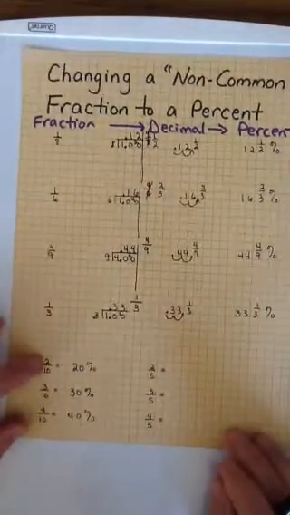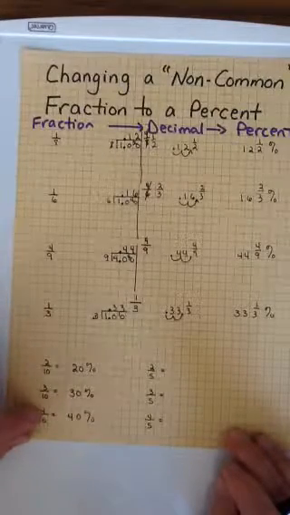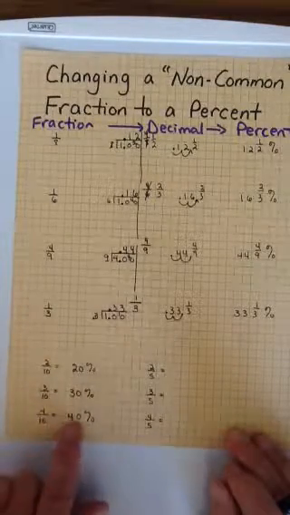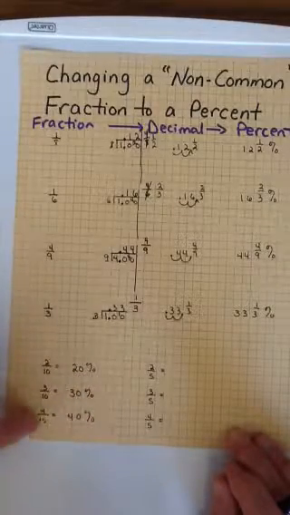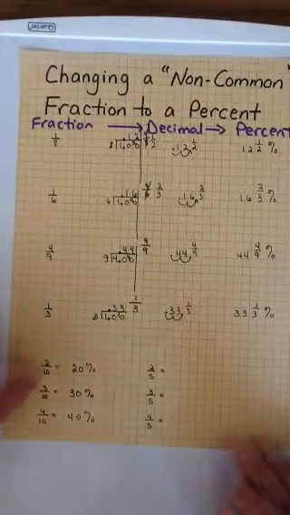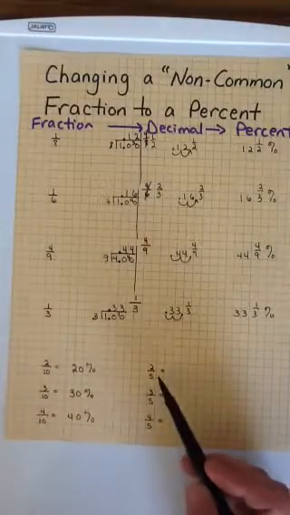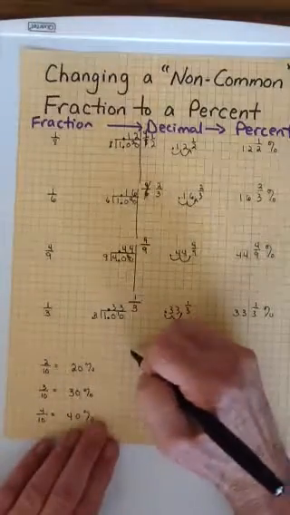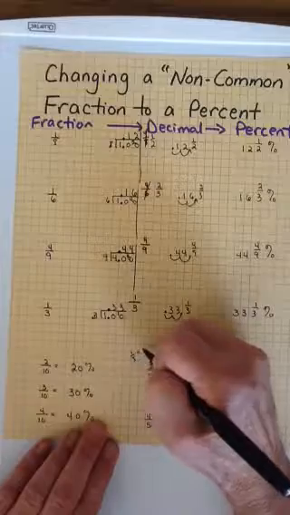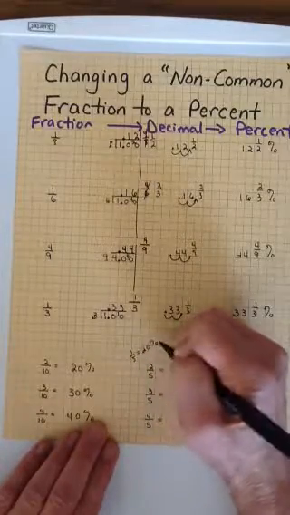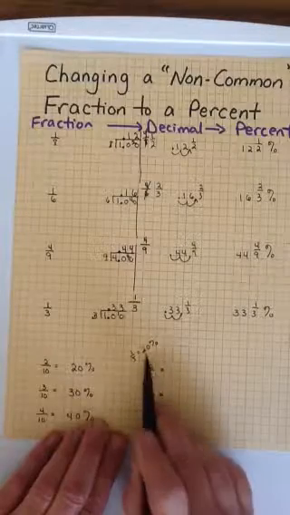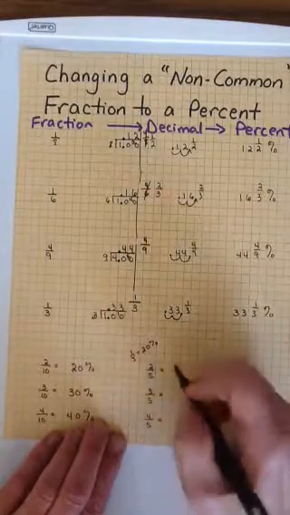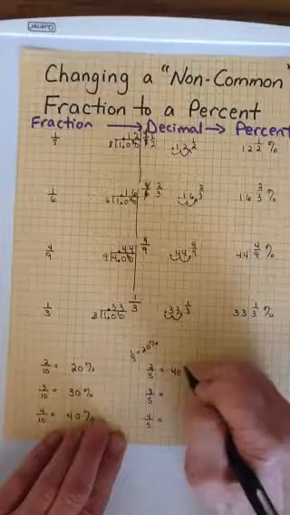So by knowing some of the simple percents, you can easily come up with percents of fractions that are related to the simple percents. Let's do the same thing with some fifths. Now we know that 1/5 is equal to 20%. So 2/5 is going to be 2 times 20, which is 40.